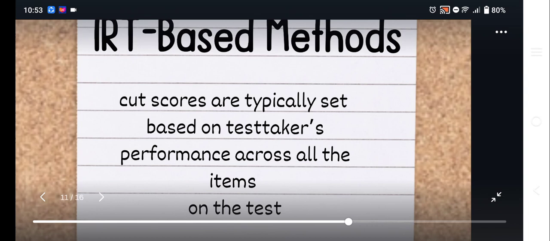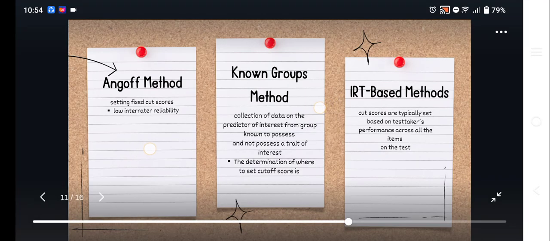Some proportion of the total number of items on the test must be scored correct, in a way that indicates the test taker possesses the target trait or attribute, in order for the test taker to pass the test. Okay?